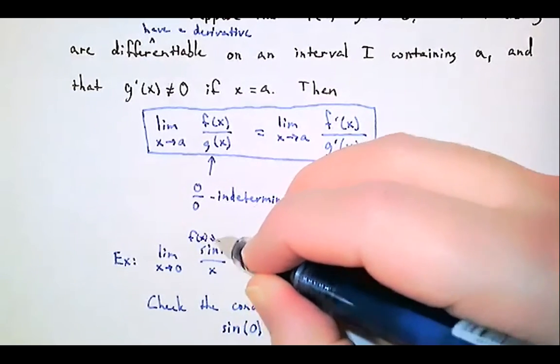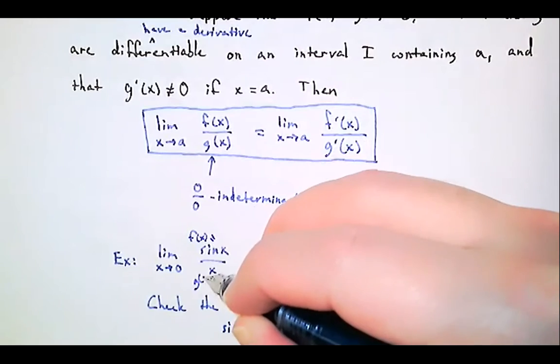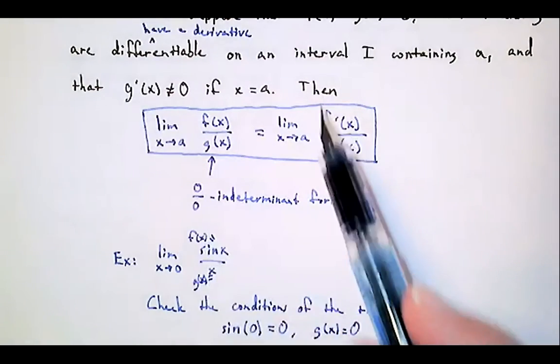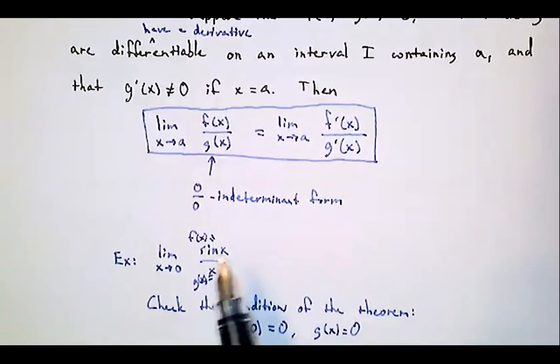Let's just label these f and g. Then g of x, the denominator, is 0. And we also know that the two functions are differentiable. We know that the derivative of sine is cosine.